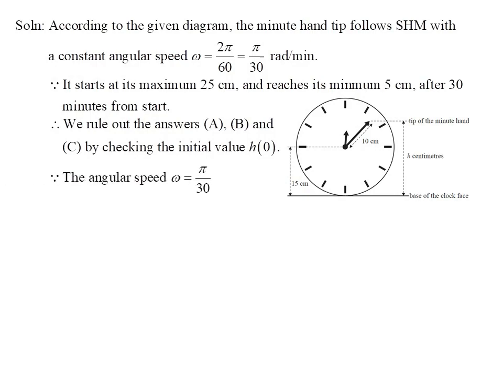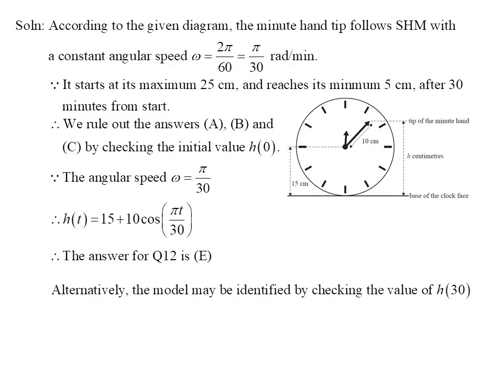Since the angular speed of the minute hand tip is pi over 30 radians per minute, its function h of t must be 15 plus 10 times cosine of pi t over 30. So the correct answer for question 12 is E.